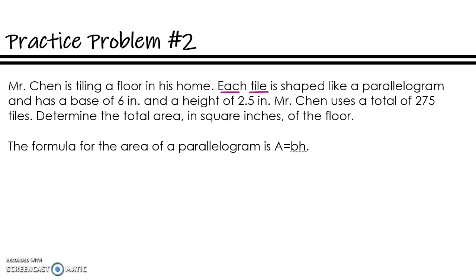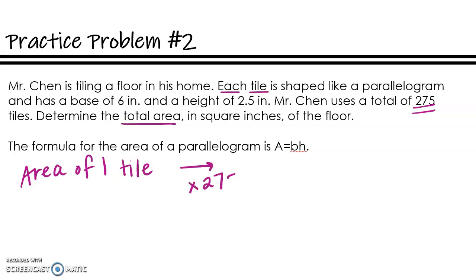Mr. Chen uses a total of 275 tiles. Determine the total area in square inches. So the first thing we need to do is find the area of one tile. Then we can multiply that by 275 to find the total area of all tiles.